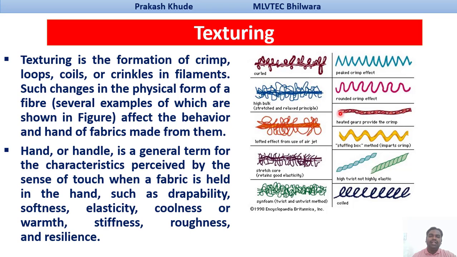So the sense of touch of the fabric is affected by the surface structure of the fabric. By this texturizing process, we are changing the yarn surface, which can be in the form of loops, coils, or crinkles.